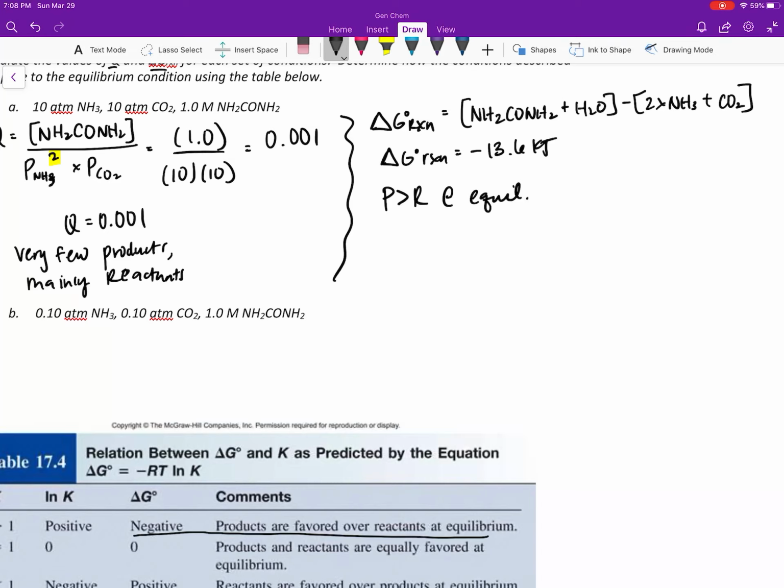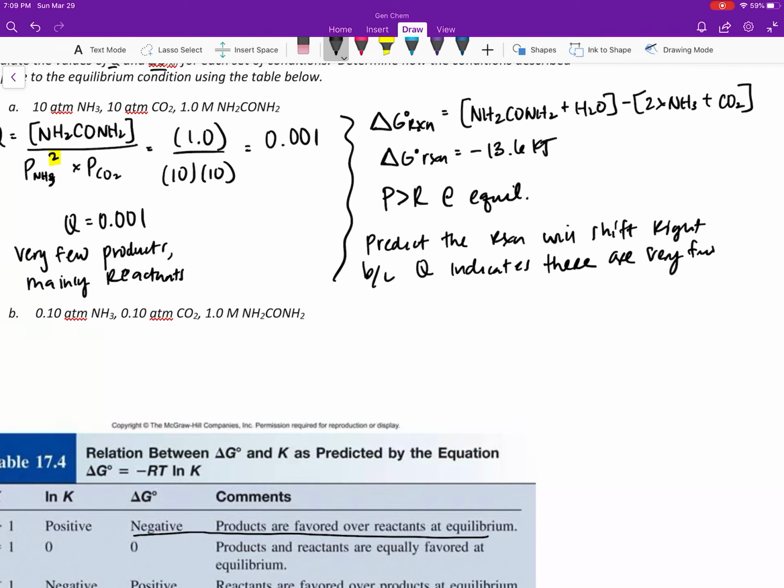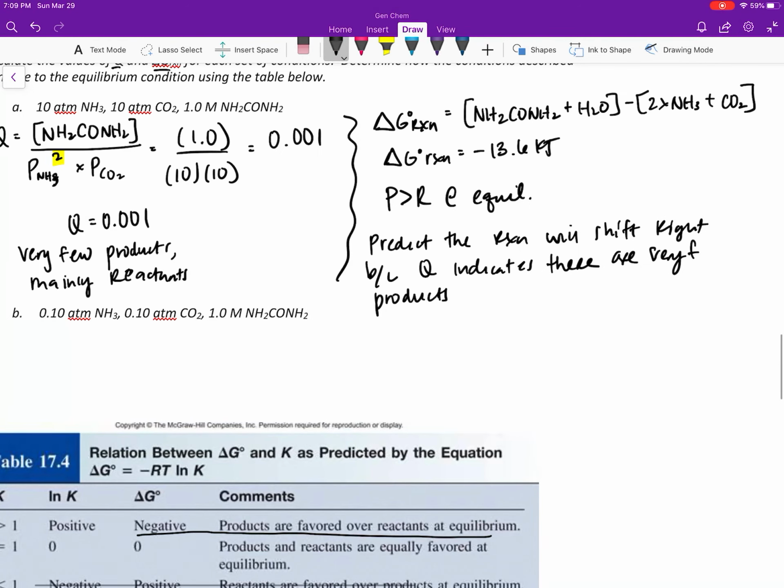So we're going to predict that the reaction will shift right because Q indicates there are very few products. What this means is the reaction is going to shift right to produce the products to put us at equilibrium.